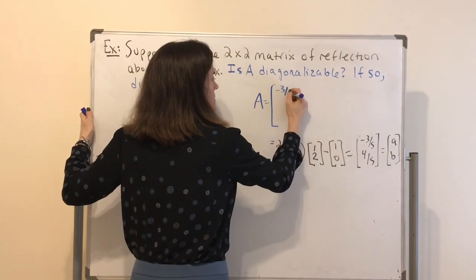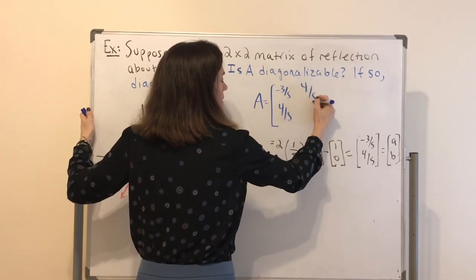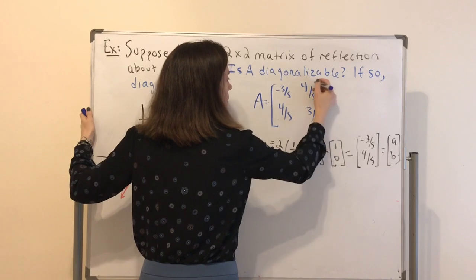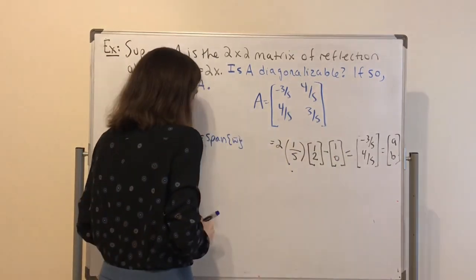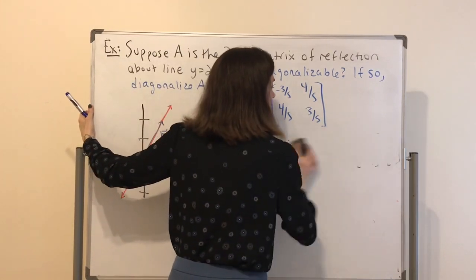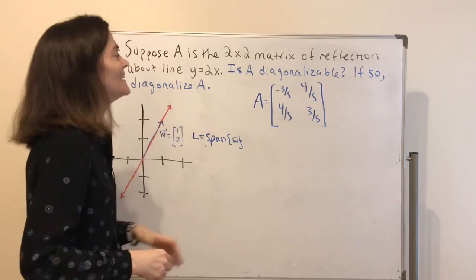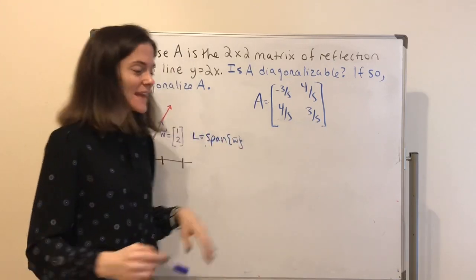Minus 3/5, 4/5, (a, b), (b, minus a). Okay, very nice. But as I mentioned, I don't even need that to think about what's happening geometrically. I just want to actually verify that AS is SB, like this.